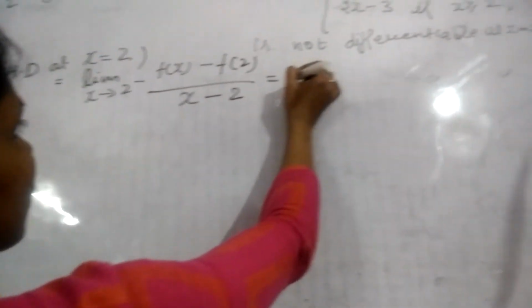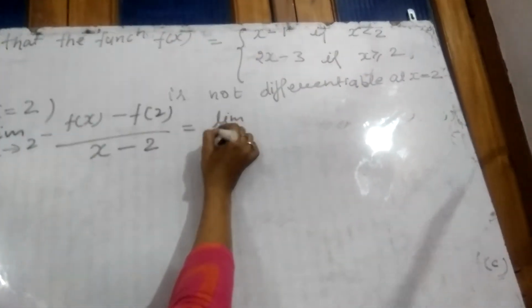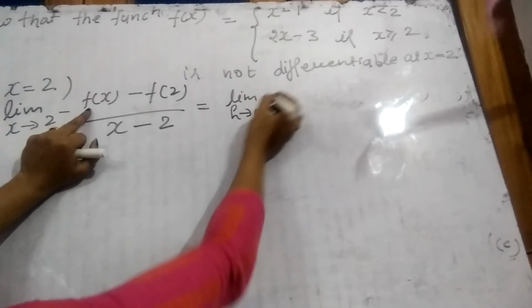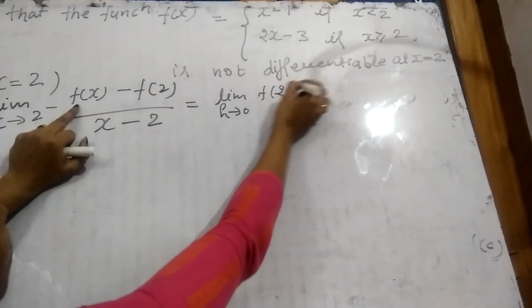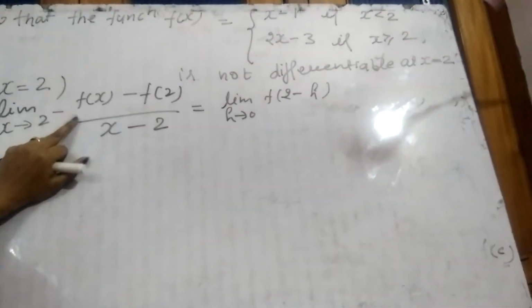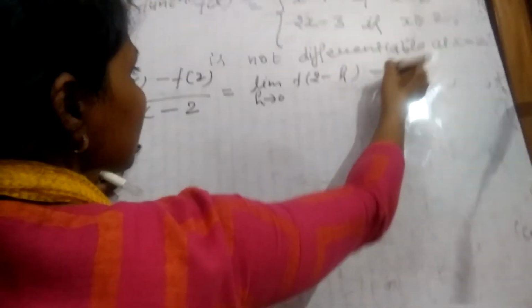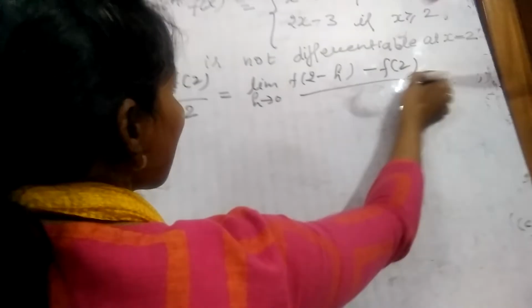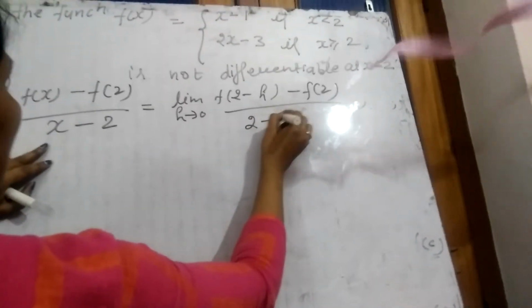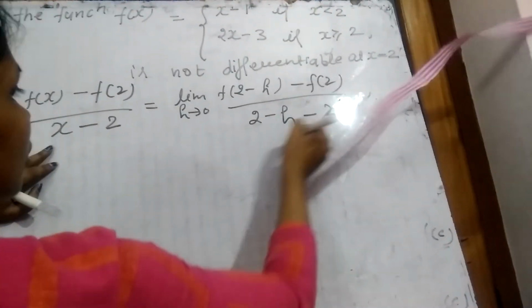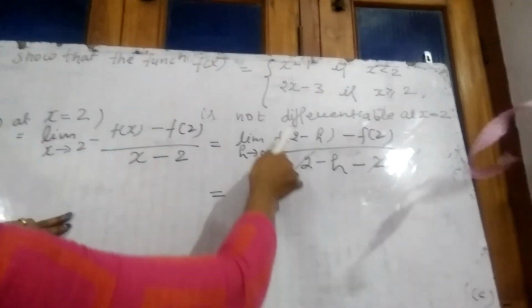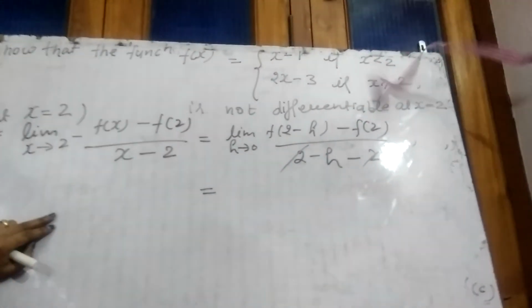This is equal to the limit as h tends to 0 of (f(2 - h) - f(2)) upon (2 - h - 2). Minus 2 and plus 2 cancel out. This implies f(2 - h).